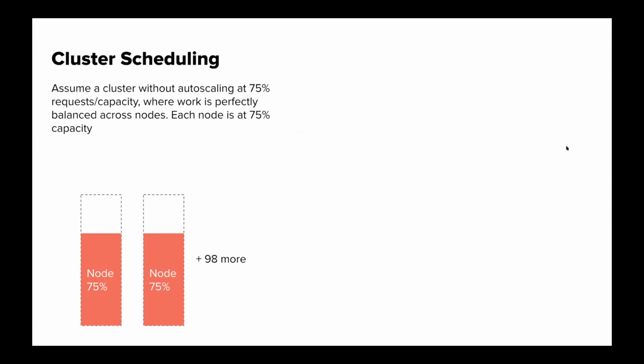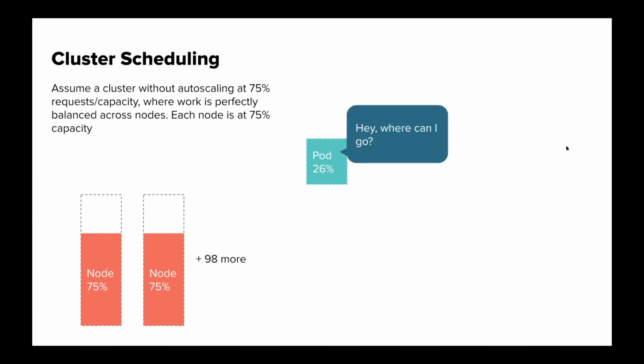So let's assume that work is perfectly balanced across nodes, which it is not usually, but this is an easier case to reason about. In this case, each node is 75% full. And then we have a pod that needs 26%. The pod asks, hey, where can I go? This pod doesn't fit anywhere because all the nodes only have 25% free space, so it's off by 1%.